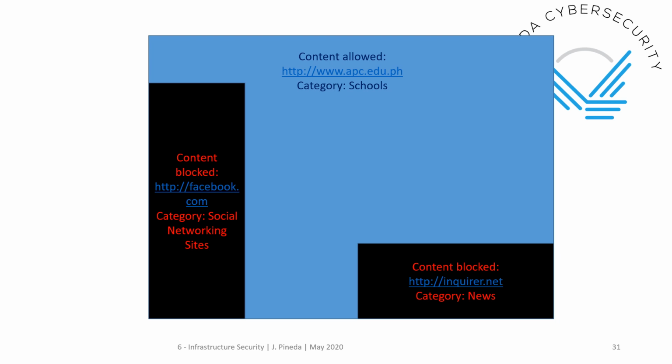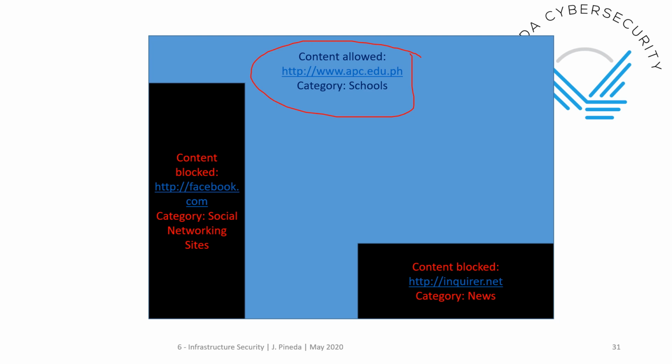So for example, this is an example of the enforcement of policy. Example, I open the browser and I go to apc.edu.ph. So it will check one by one the pages that load. Okay, like for example, this content is allowed because the category is schools. Okay.